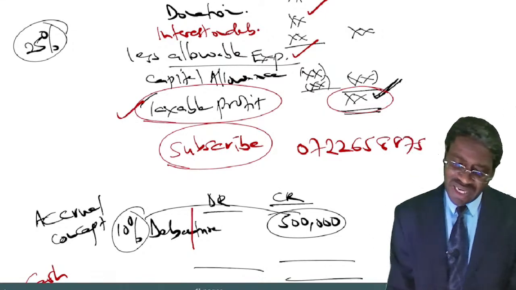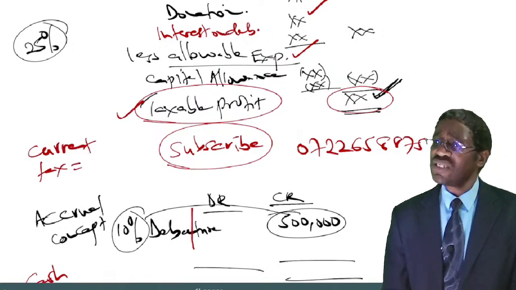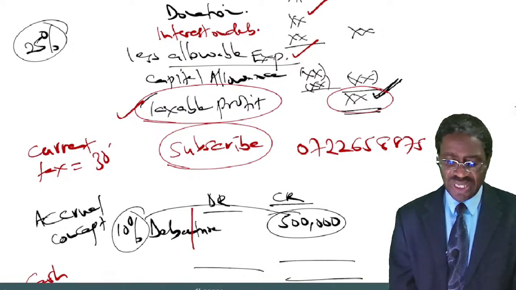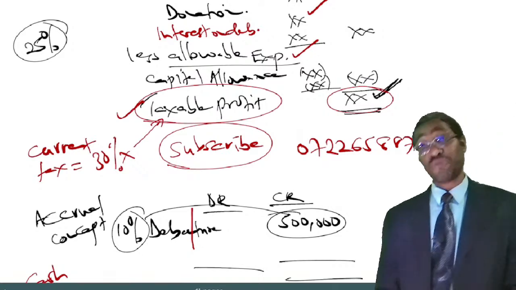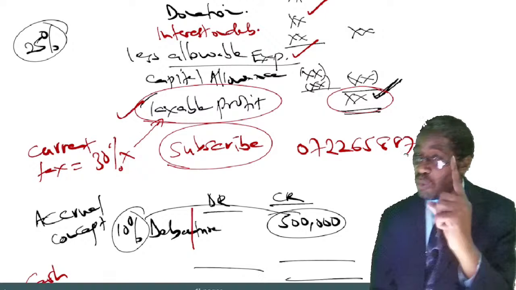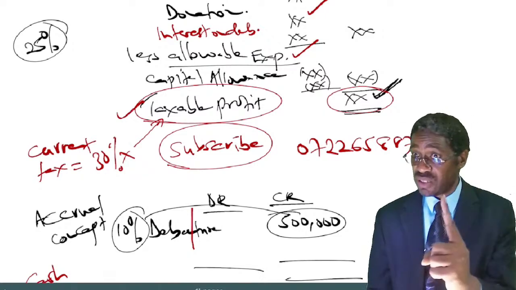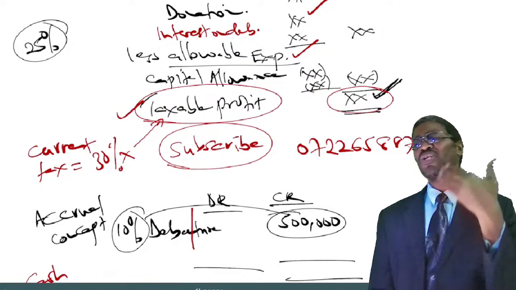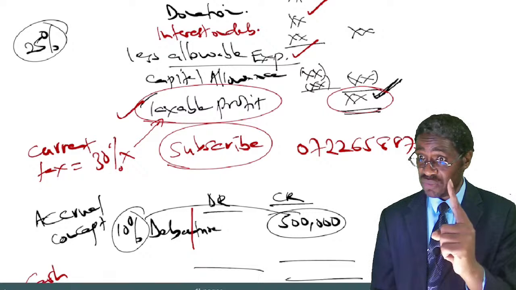Once you get the taxable profit, to compute the current tax, if the tax rate is 30%, you will take 30% of whichever profit you have calculated. So that's how you compute one form of tax, which we normally call the current tax. Some questions will call it corporation tax or current tax.